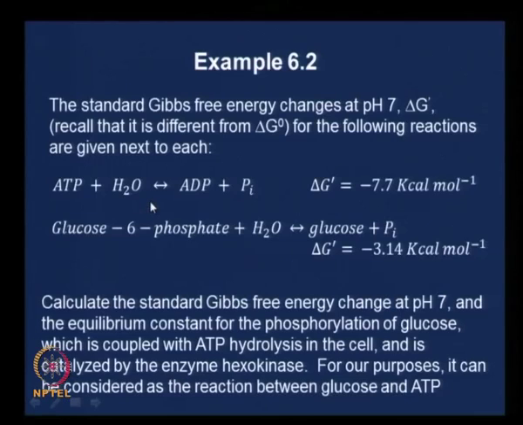If you recall, that is one of the first reactions in glycolysis and is catalyzed by the enzyme hexokinase. For our purposes, it can be considered as the reaction between glucose and ATP. Just take it as a reaction between glucose and ATP.